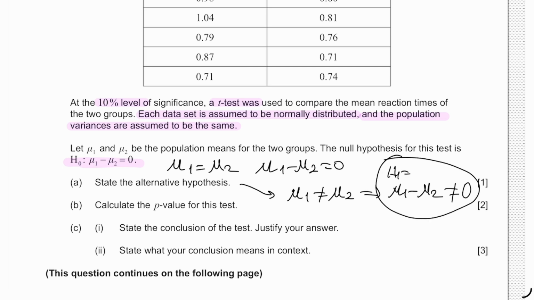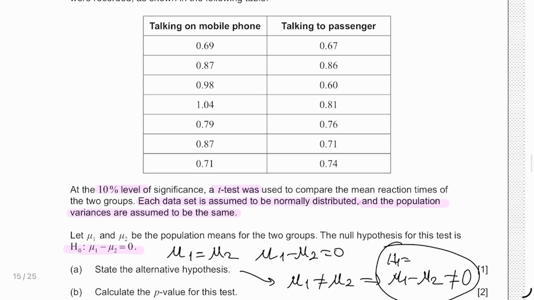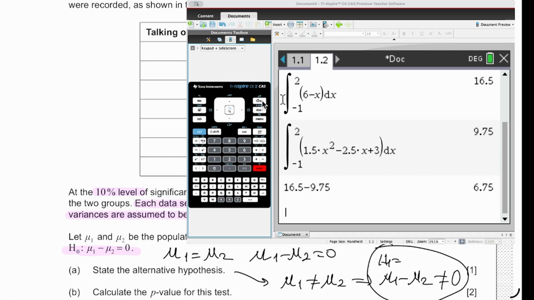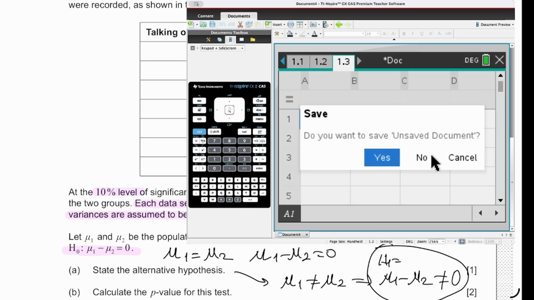Okay. Calculate the p-value for this test. How do we do a t-test, guys? We just need to go to Sheets and enter this data and test, right? So let's go to Sheets. I want to close the other pages before.